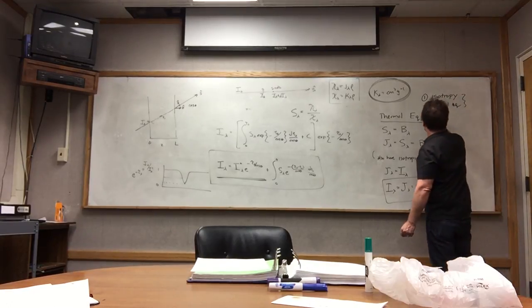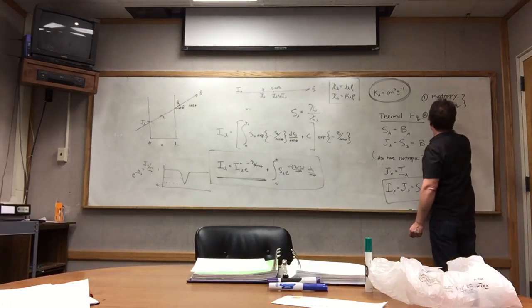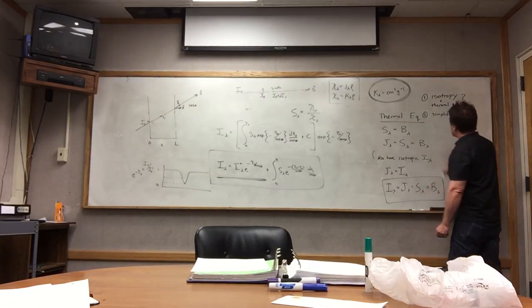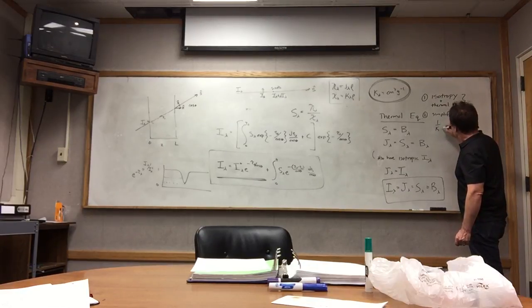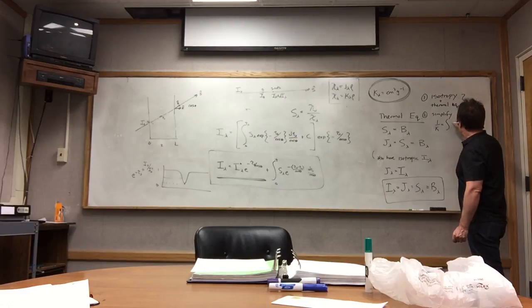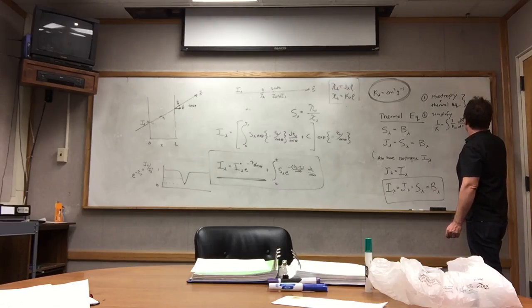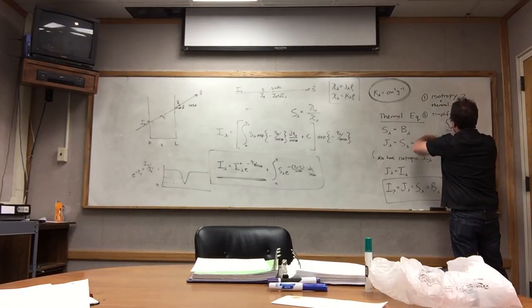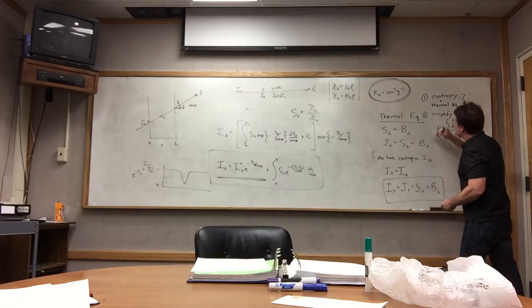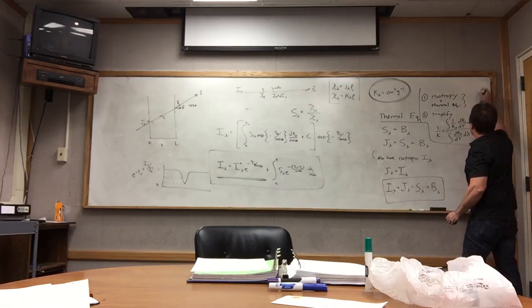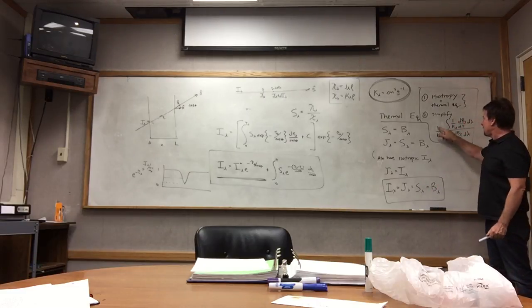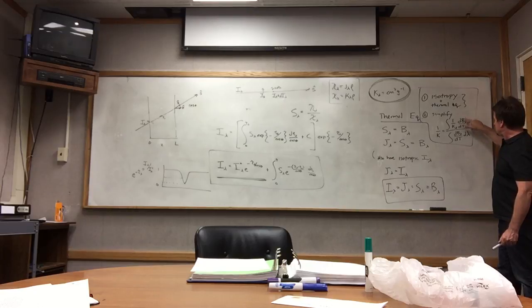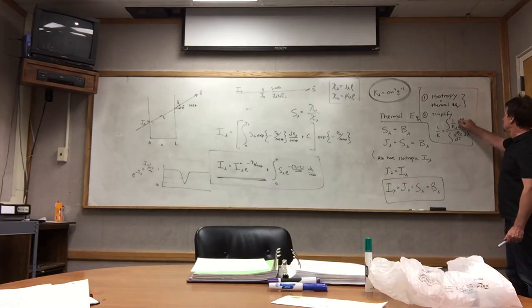Okay? And number two, we're going to simplify by assuming that we have a mean opacity, which is going to be related to the temperature gradient of the specific intensity, okay?